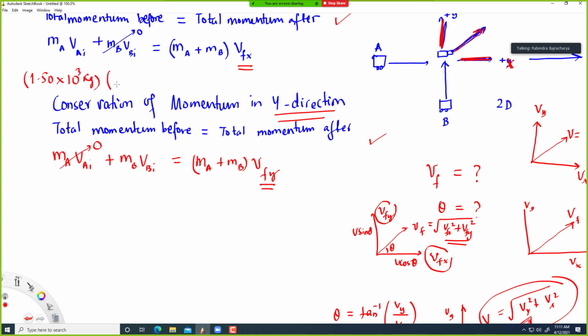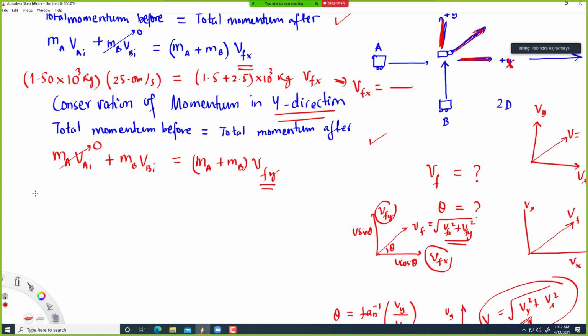Velocity of A, 25 meters per second. What is the combined mass of A and B? 1.5 plus 2.5 times 10 to 3 kilogram, and then Vfx, and then do the math, you get Vfx. Okay, so I want you guys to do that and tell me a number.